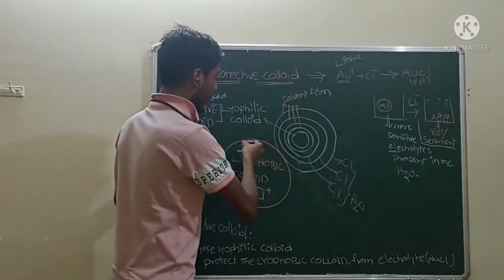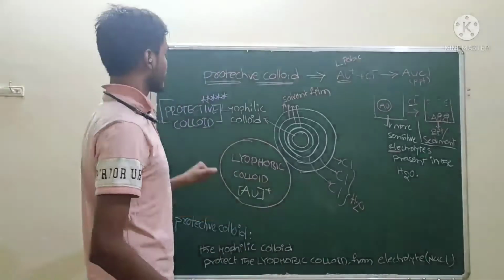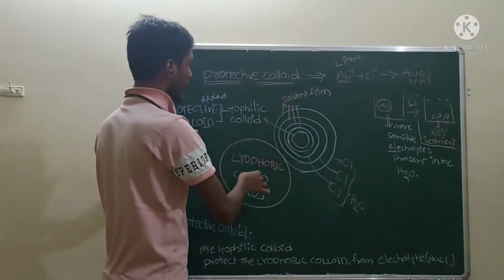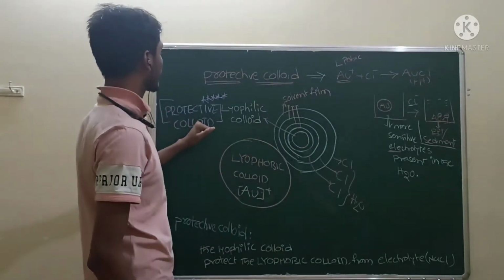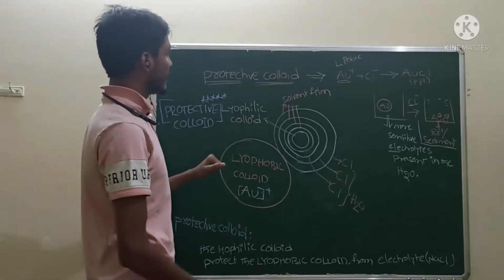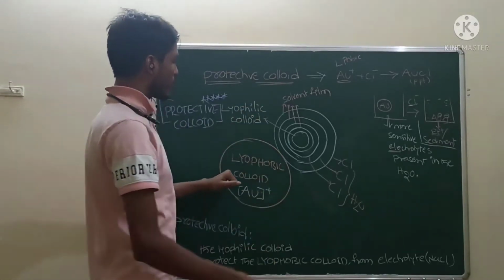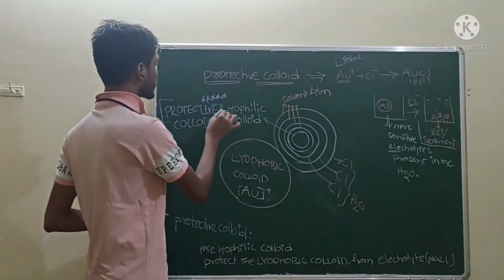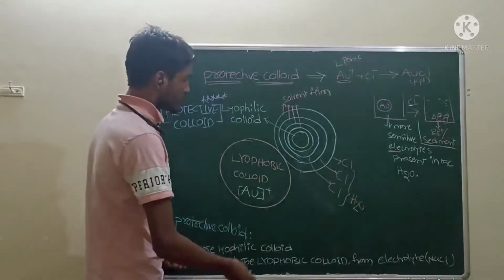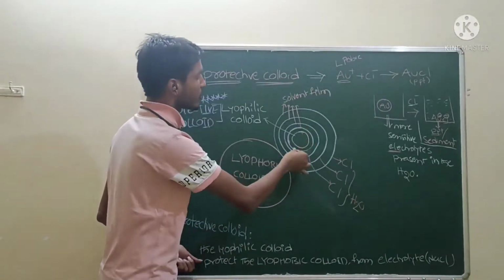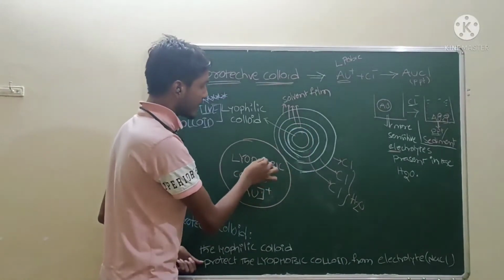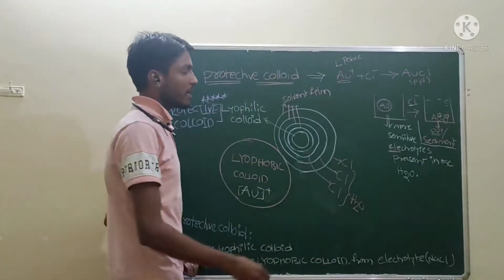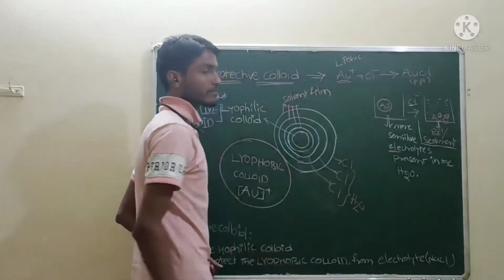We call it a protective colloid because it is the colloid adsorbed on the lyophobic colloid. The lyophilic colloid in a lyophobic colloidal dispersion we can call a protective colloid. What is protecting? This protective colloid, or lyophilic colloid, protects the lyophobic colloid from the electrolytes present in the water.